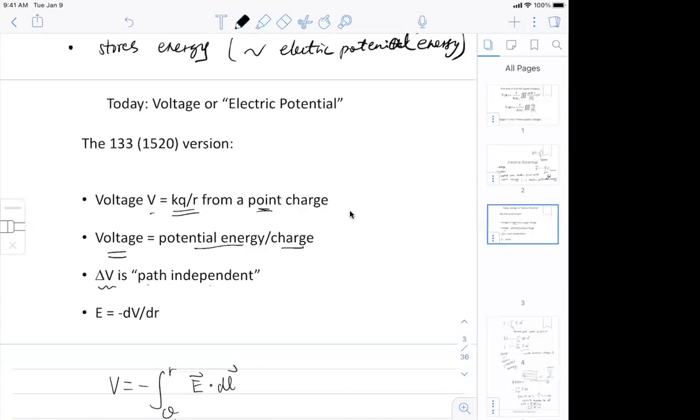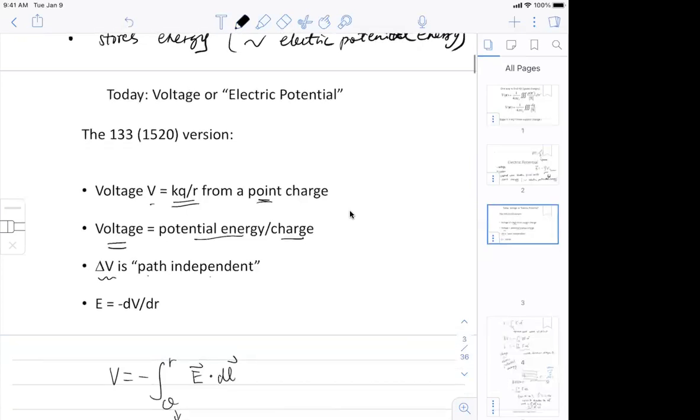It only depends on which two points they are, not on what path you take to do the integration of E dot dl. Another way to write this is using the derivative: if you take the derivative of V with respect to R, you get E. If you treat V as a feature in space, they all have different V, right? And you're taking the gradient, the direction with the greatest fall of the potential gives you the direction of E. Okay, so that is all the stuff we remember from intro physics.